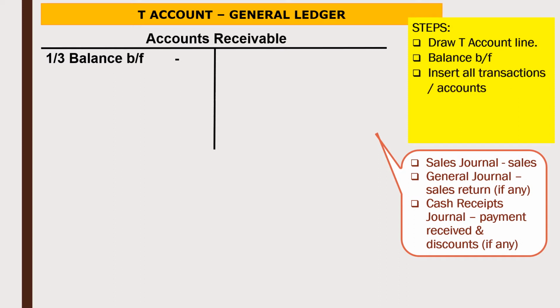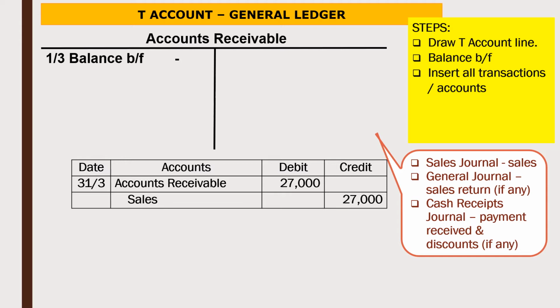The third step is to insert all transactions or accounts. We start with sales journal. In sales journal, we found that accounts receivable is debit, amounting to 27,000 for sales.